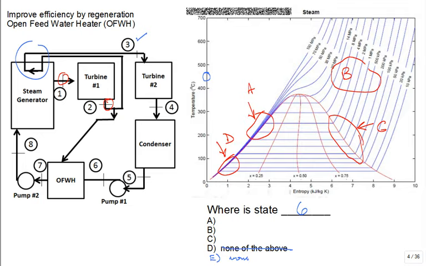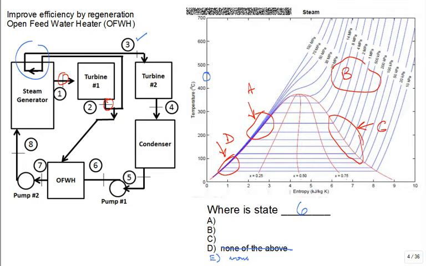So how are you saying that 7 and 6 are equivalent to 2 and 3? Because it's before pump 2. You just said 6 was 20. No, 6 has the same pressure as 7, as 2, as 3. The same pressure. Did I misspeak? I was assuming you were saying that 6, 7, 2, and 3 were all the same pressure.